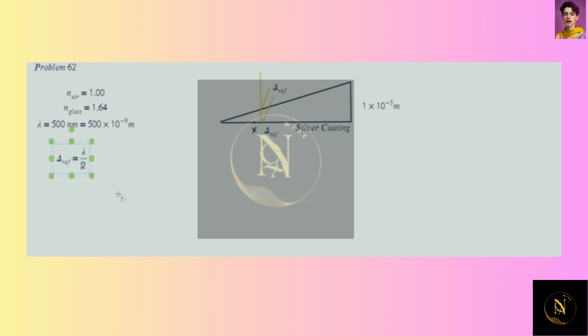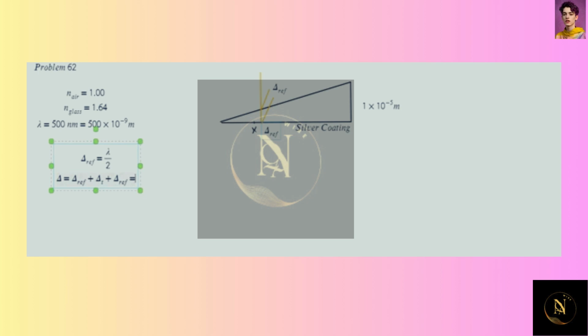The net path length difference, we're going to symbolize with delta. This is equal to the path length difference associated with the first reflection, delta ref, plus the path length difference associated with the light going through the glass wedge, delta t. And then we have another pi shift with its associated path length difference, delta ref again.